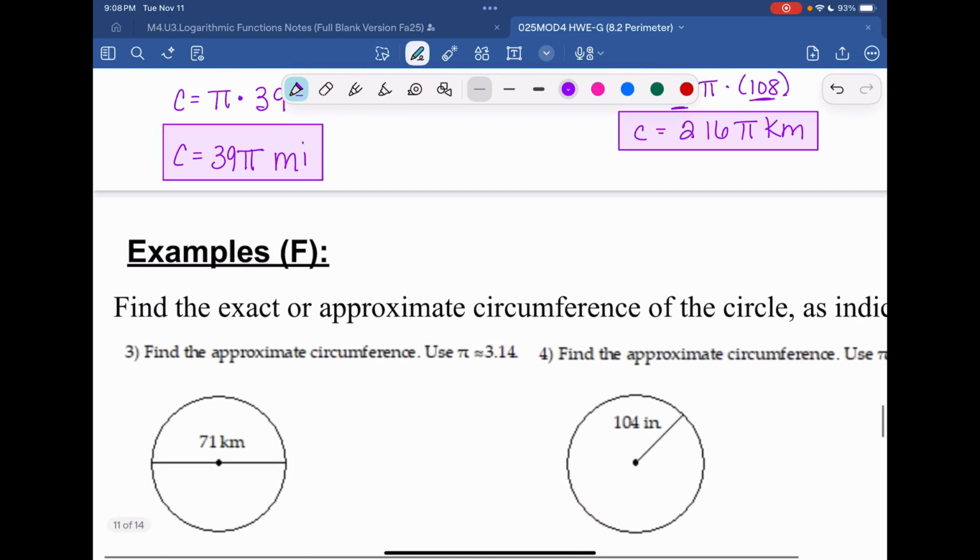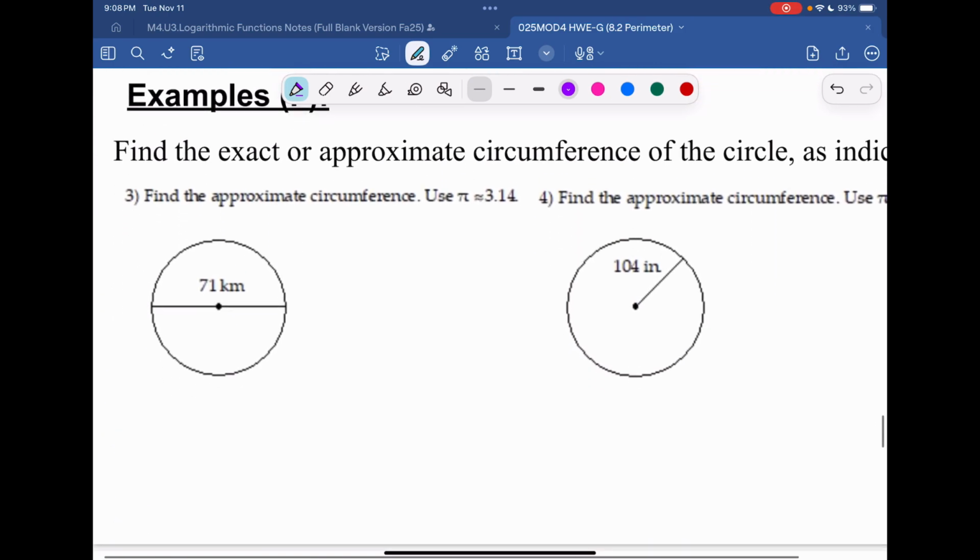Now let's look at what happens if it asks us to give an approximate answer. So when you see approximate, that is when you can round. And it tells us to use 3.14 for pi. So what we're going to do is we're going to say, okay, still got to decide, is this diameter or radius?